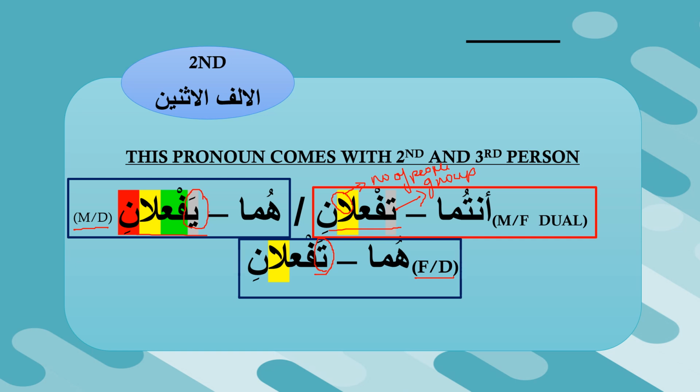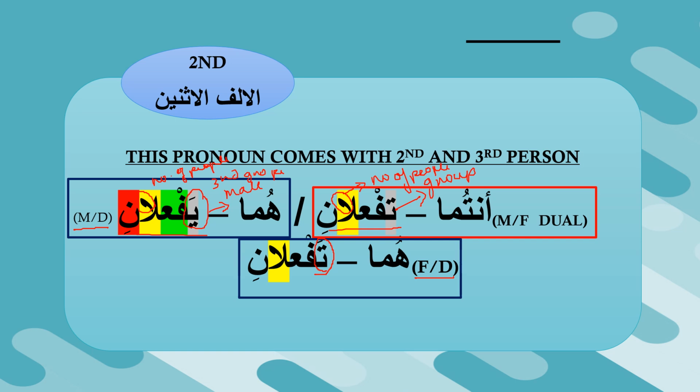This ya is representing the male, for the third group, that is the ghaib group, and the aliful ithnain representing the number of people. So this is the work of the letters, to give you the information. Looking at the verb and seeing the letters attached as prefix and the pronoun attached as suffix, all these give you the information.